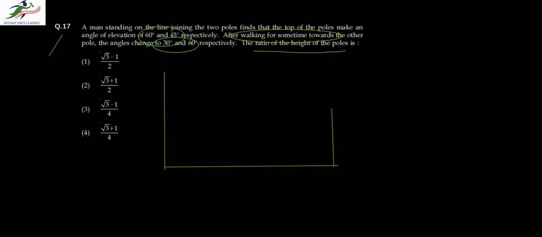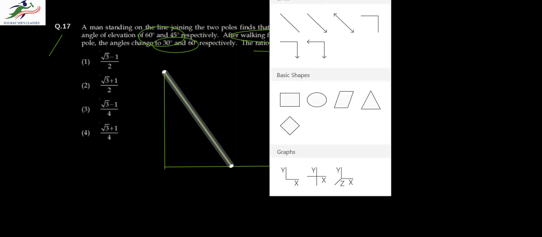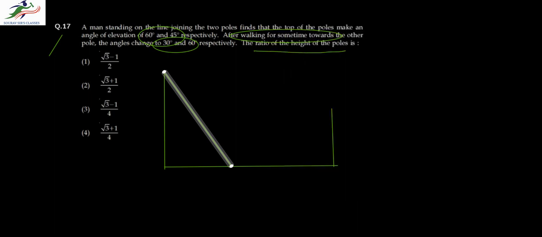And now let's say he was standing at some point in between where he sees the top of the bigger pole, and he can also see the top of the smaller pole. So let us connect this to the top of the smaller pole. So this was his initial position, and the angles are given to be 60 and 45.